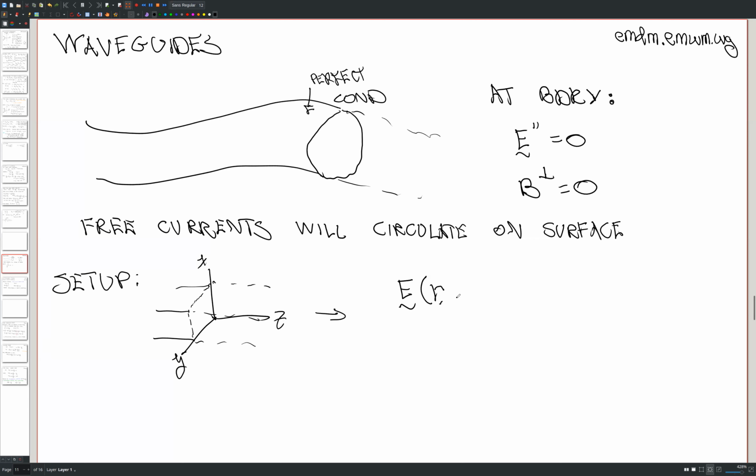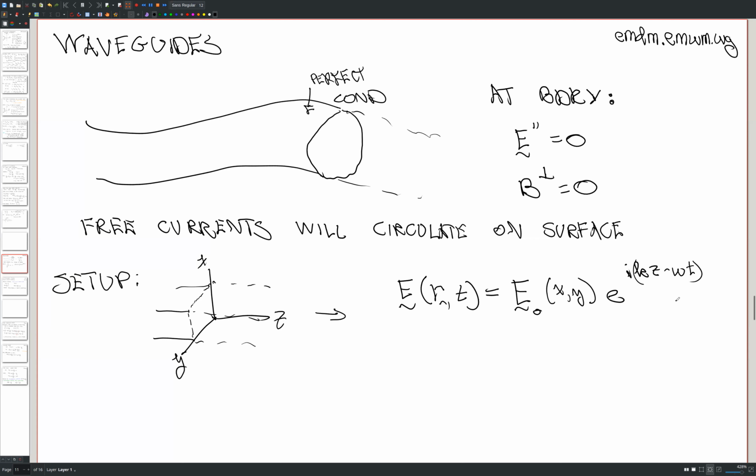So what I'm going to take is a basic formulation for my fields as a function of all coordinates and t. There's going to be a polarization vector E0 that now will depend on X and Y, and it's going to propagate along Z. And the inside of this object is just pure vacuum.